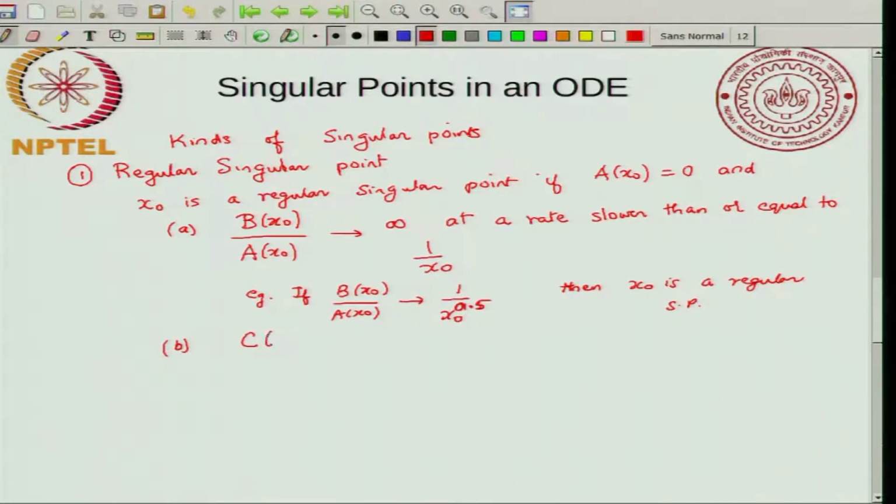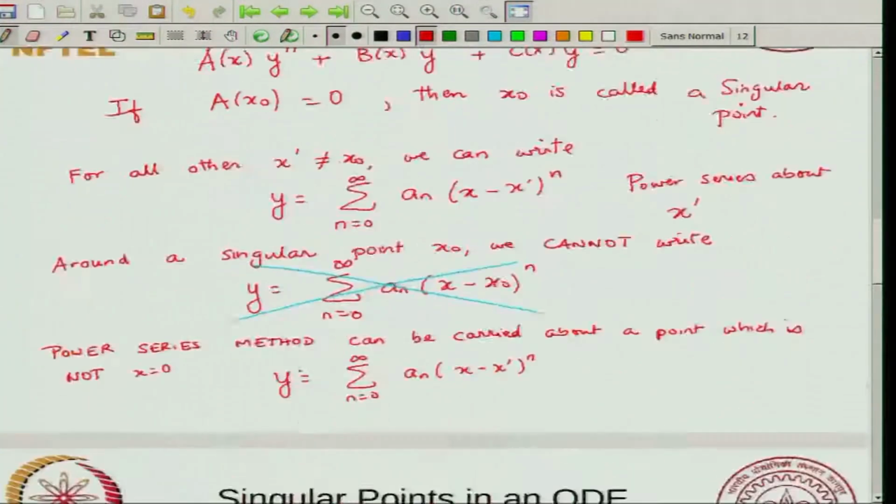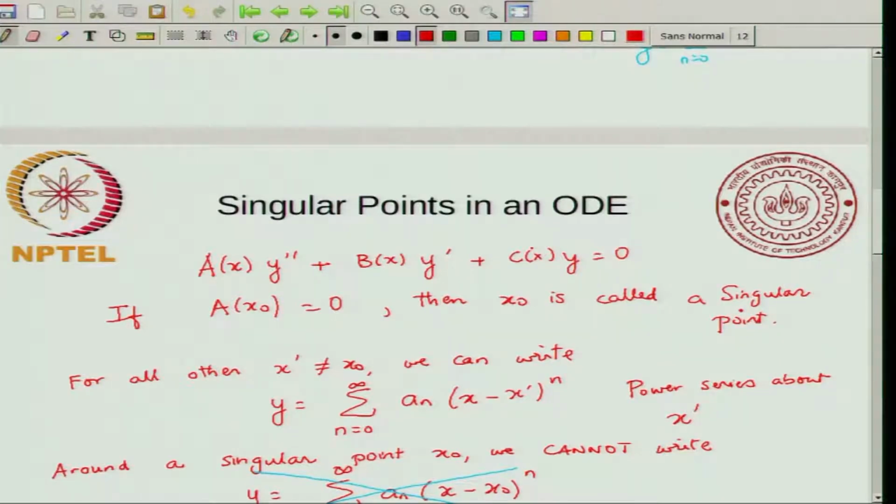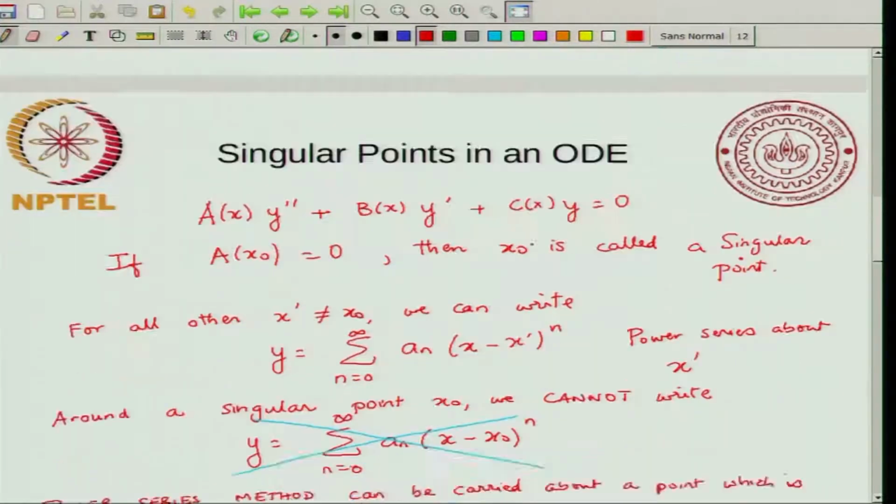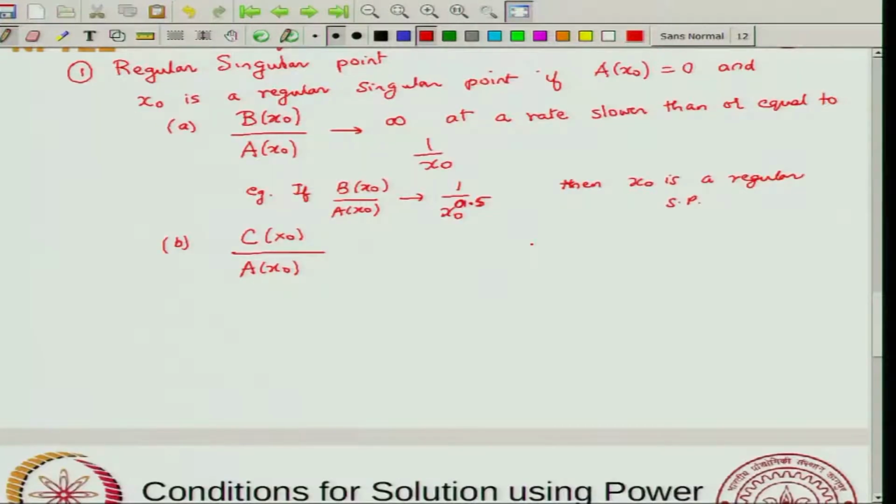The other condition is c of x0 divided by a of x0. Let us get back to this differential equation. You have c of x as the coefficient of y. So c of x evaluated at x equal to x0, divided by a of x0, will also go to infinity, at a rate slower than or equal to 1 by x0 square.